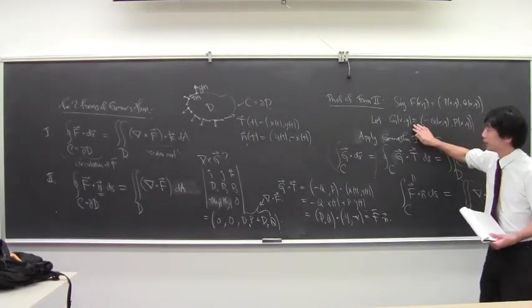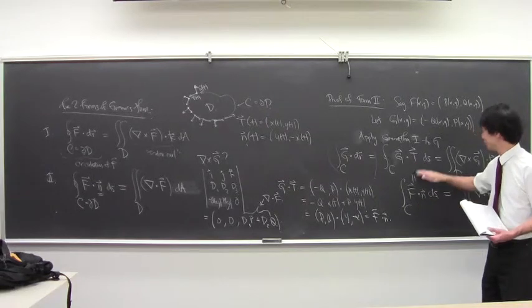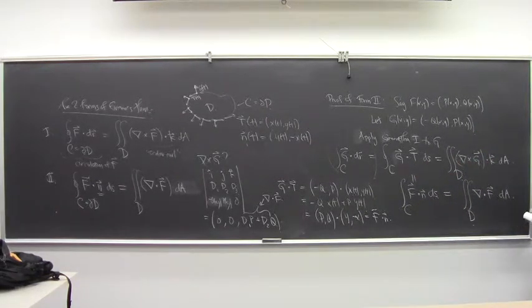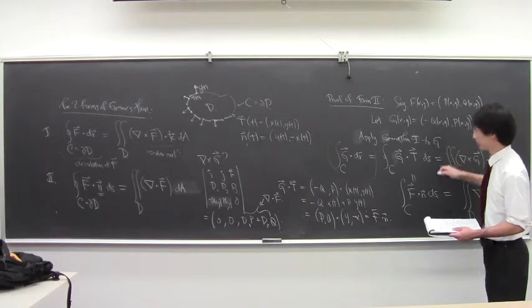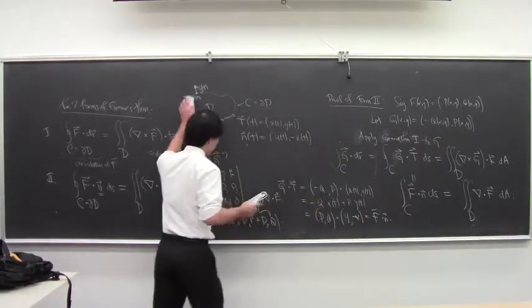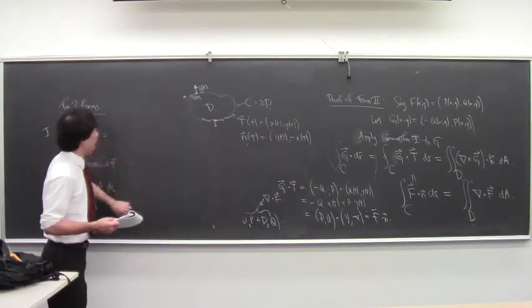Take your field, rotate it, apply the circulation curl form to that one, and it shows you that flux equals divergence. Okay, so that's that for section 17.5.